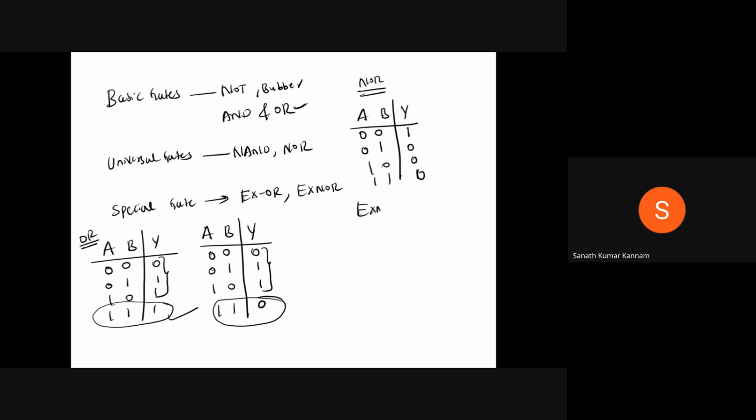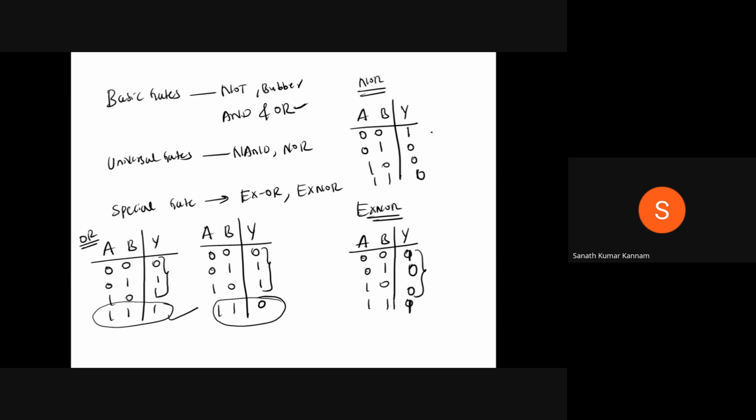XNOR gate means here A, B, and output is Y. For inputs 0 0, 0 1, 1 0, 1 1, the output is 1, 0, 0, 1.